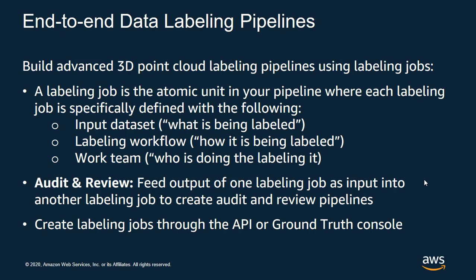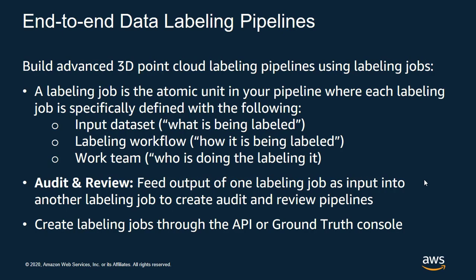Or they might subsample using some heuristic from the first pass and send maybe 5% of the data labeled in the first pass into an adjustment or verification pass. There's multiple different ways of doing this, and Ground Truth really provides you the underlying primitive components to build these intricate data labeling pipelines.